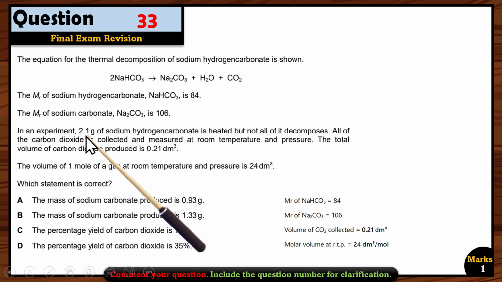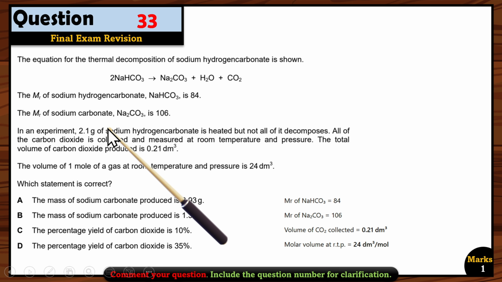If you see, in an experiment, 2.1 gram of sodium hydrogen carbonate is heated, but not all of it is decomposed. All of the carbon dioxide is collected, measured at room temperature and pressure. The total volume of carbon dioxide produced is 0.21 dm cube, right? So now they have given you the volume of carbon dioxide.